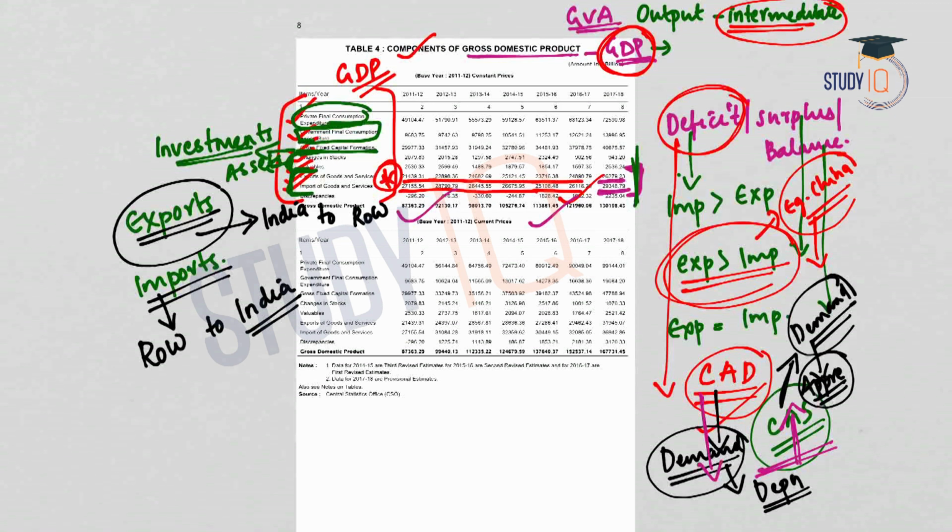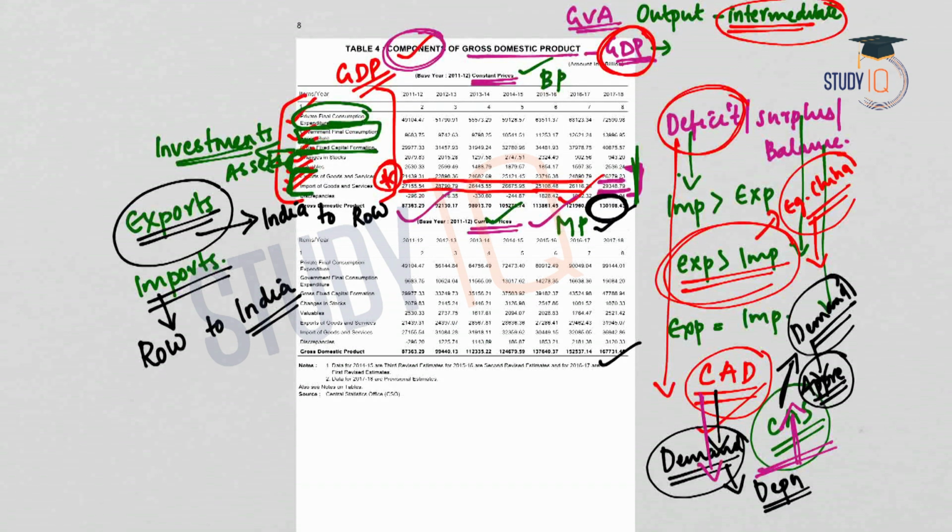Now here also, under the components of gross domestic product, we will see there is an evaluation made at constant prices and current prices. We have already discussed what is constant price and what is current price. Current price means market price and constant price means base year price. So we have seen in the previous table also, normally the GDP at the current prices would be more than the GDP at constant prices.